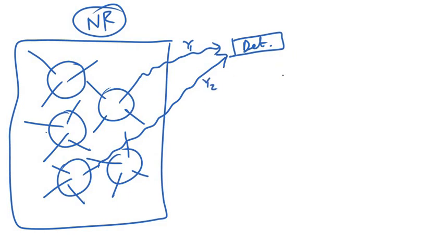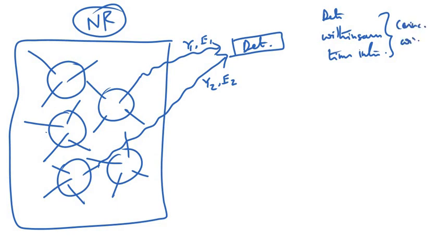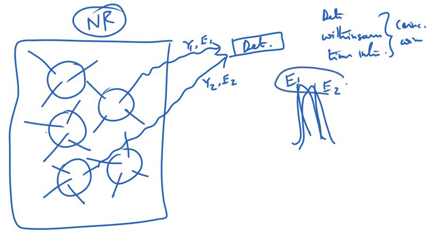Now if they both enter at the same time, what will happen? The energy carried by gamma 1, E1, and the energy carried by gamma 2, E2, if they are detected at the same time, that is, detected within the same time interval, or what is known as the coincidence window, then instead of two signals of different amplitudes corresponding to E1 and E2, we will get the added up signal.